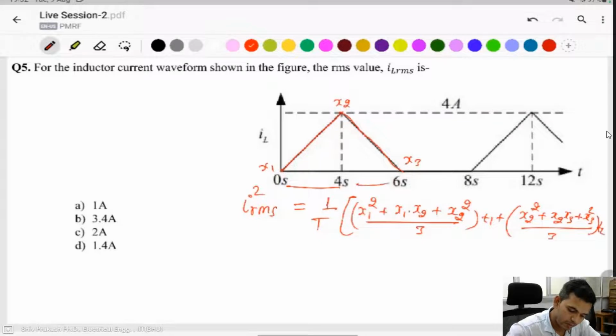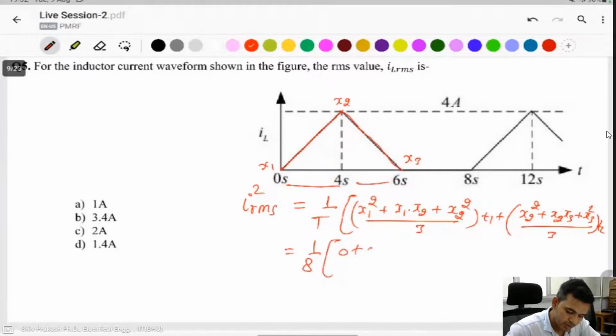The total time period is 8. x1 is 0, so that term is 0. x2 is equal to 4, so 16 divided by 3 into 4, plus x2 square is 16 plus x3 is 0, so 0, divided by 3 into t2, which is given as 6 minus 4, which is 2.